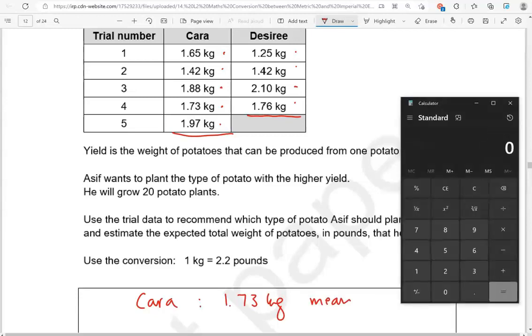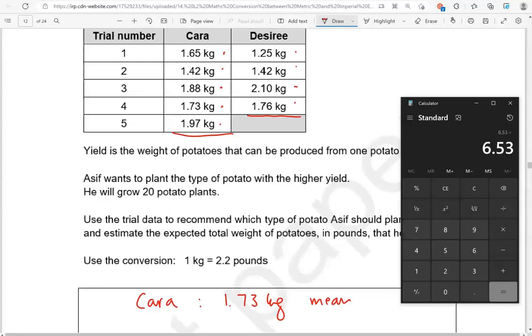Let's repeat the process for Desiree. 1.25 plus 1.42 plus 2.1 plus 1.76 gives us 6.53.